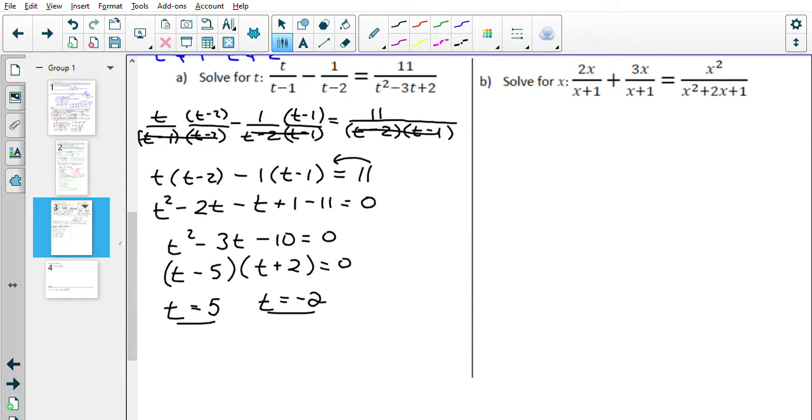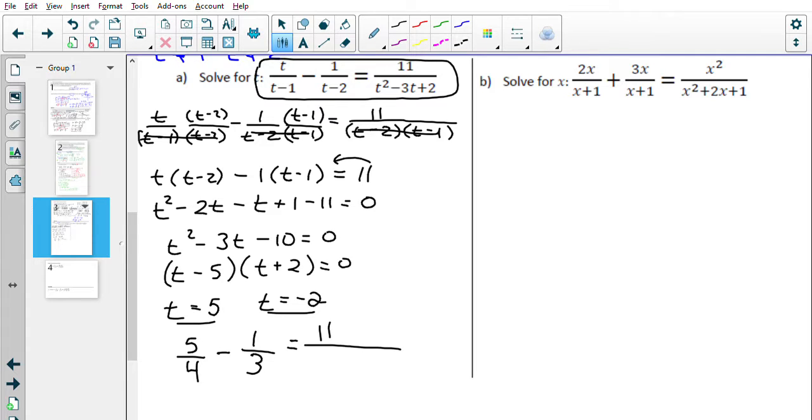So plugging in 5 into this equation, you would have 5 over 5 minus 1, which is 4, minus 1 over 5 minus 2, which is 3, equals 11 over 5 squared, which is 25, minus 15, and then plus 2.